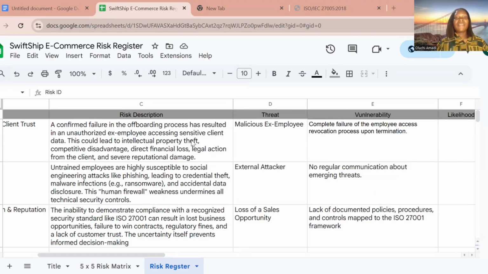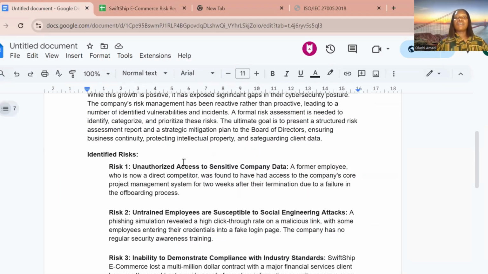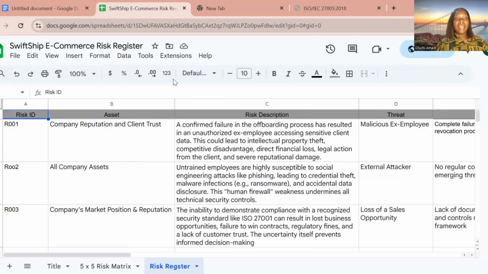Let me use the first one we have here. This is the risk ID. Risk number one has to do with company reputation and client trust. From our case study, you can see unauthorized access to sensitive company data. The asset that is at risk here is the company reputation and clients' trust.